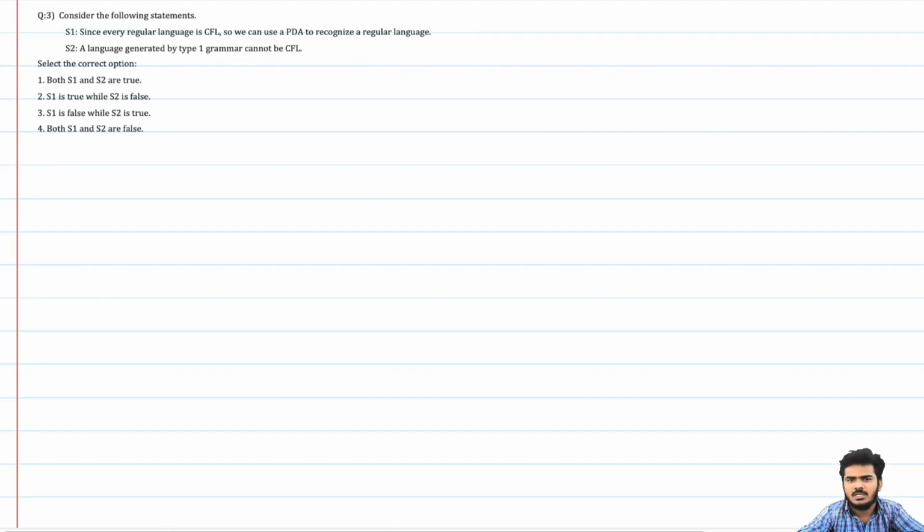So statement 2 is false because a type 1 grammar can generate a CFL. So the correct option for this one is the second, that is S1 is true while S2 is false. Let's see the next question.